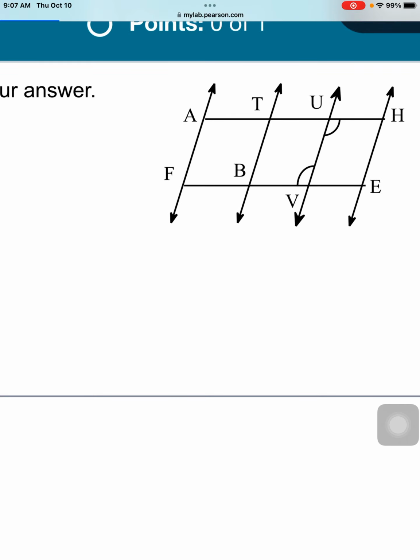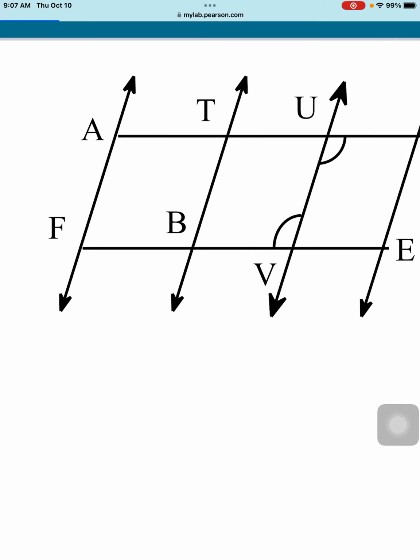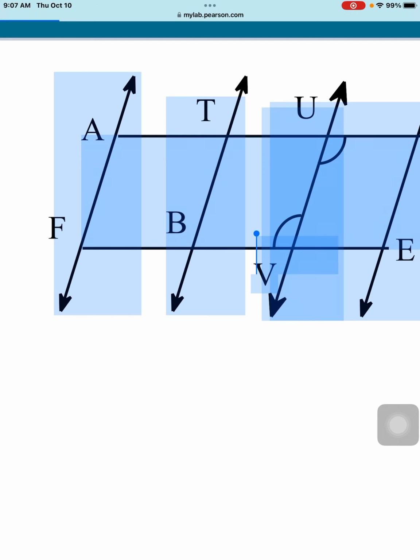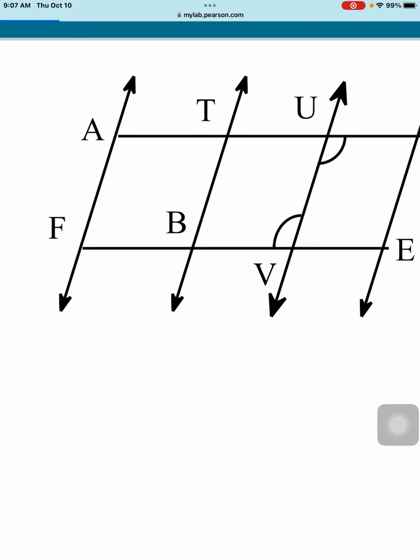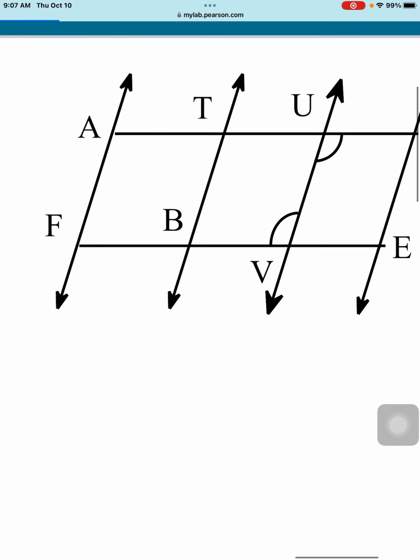Let's first look at the transversal. The transversal line is the most essential, the most important. Now, the transversal line is the line that has what, guys? Your desired angles. So what line are both of these angles on? They're on this transversal line, UV.